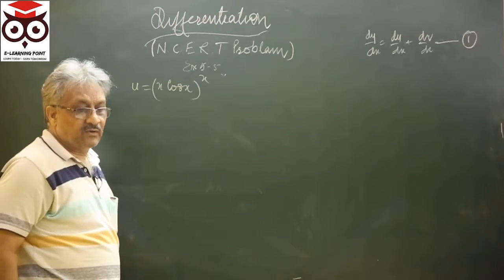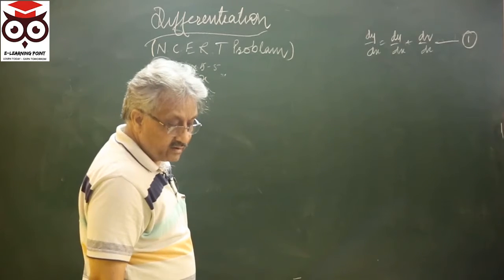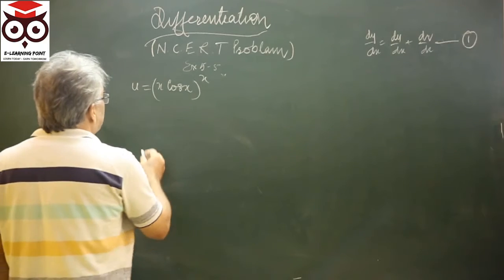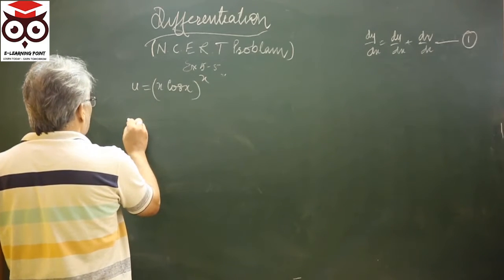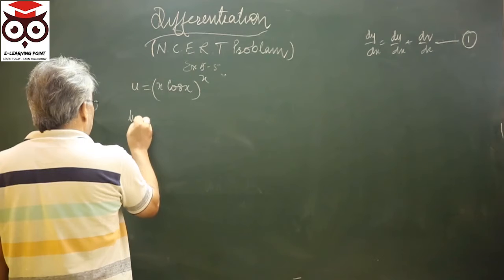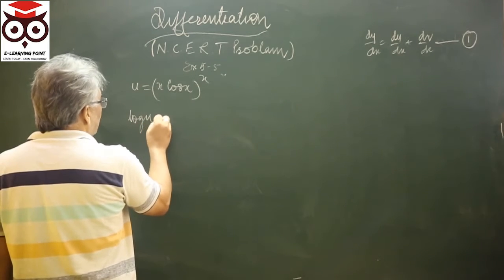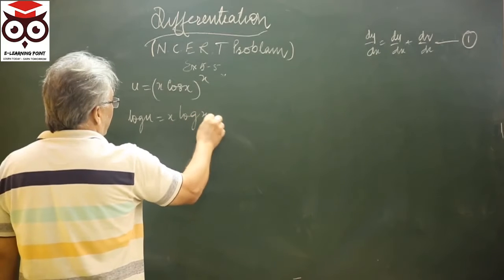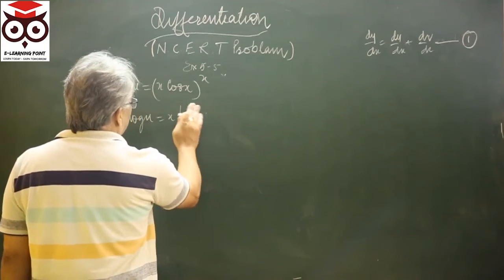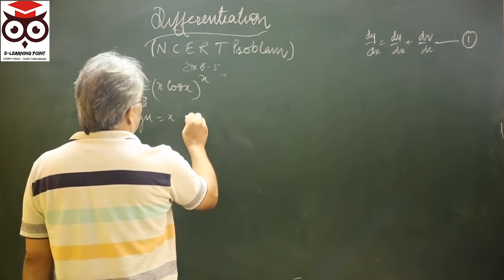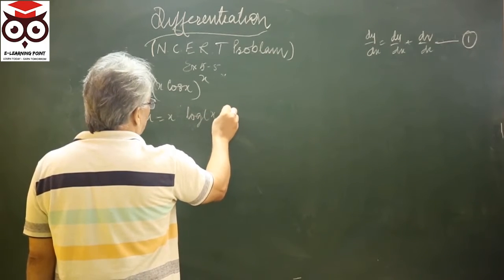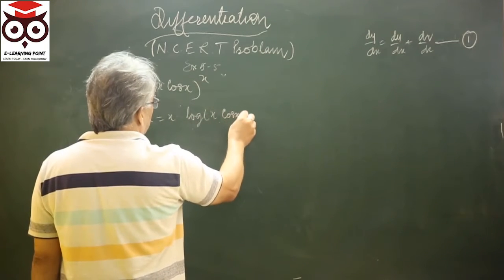x cos x to the power of this. I will take its log, taking log both the sides. So I will say log u is equal to x log x cos x, right?